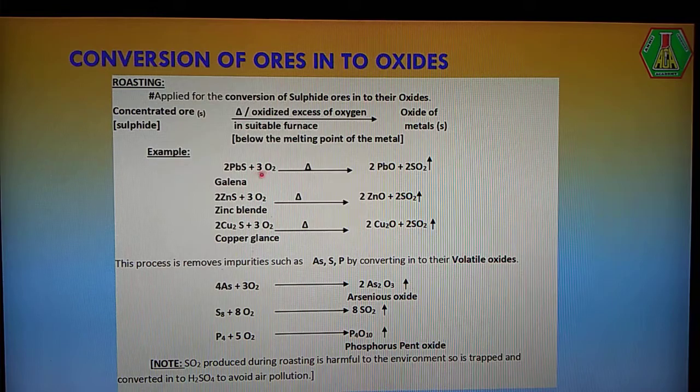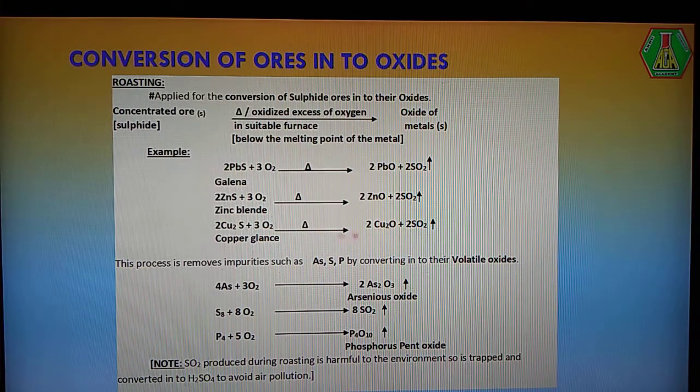See the example, galena. Galena ore is heated in the presence of oxygen. Here lead sulfide is converted into lead monoxide. Sulfur is converted into sulfur dioxide in the form of a gas. Similarly, zinc blende and copper glance are all converted.